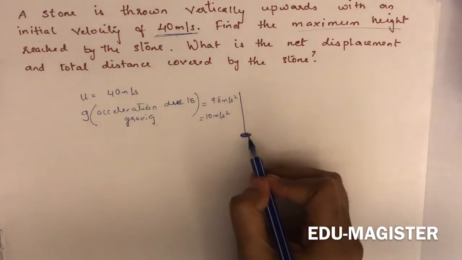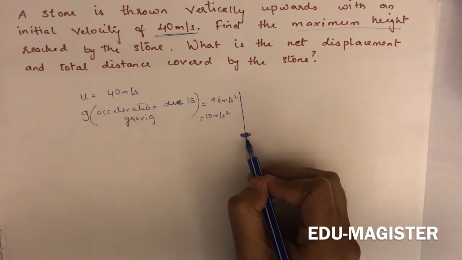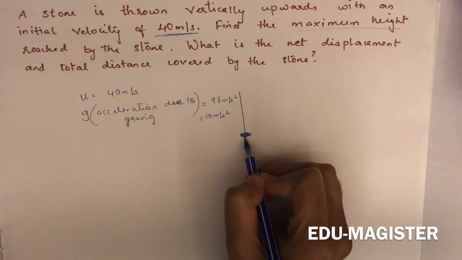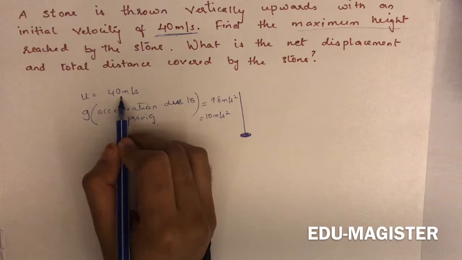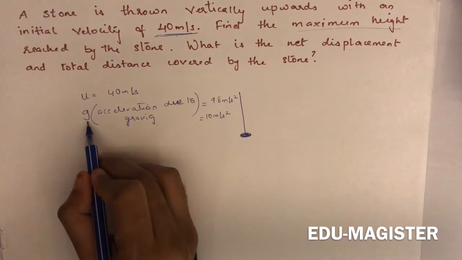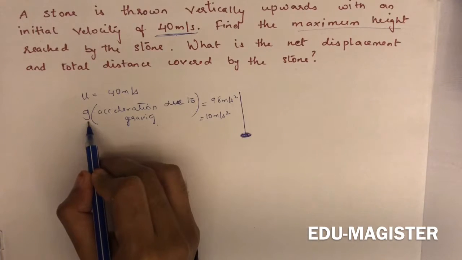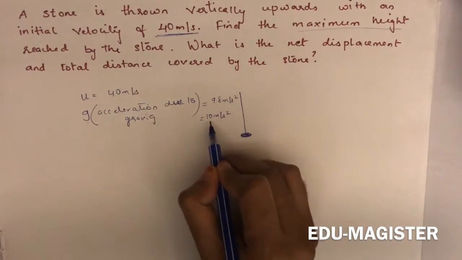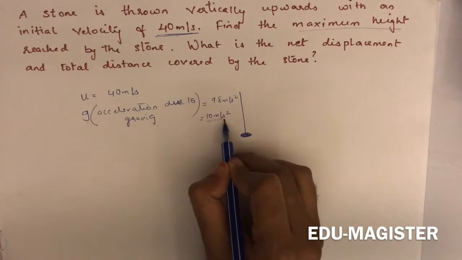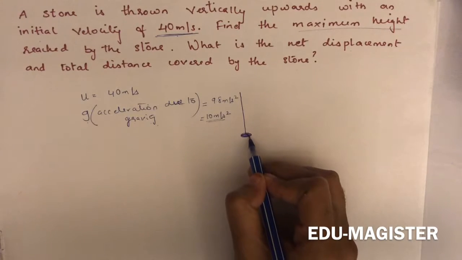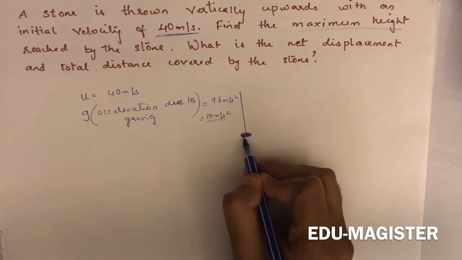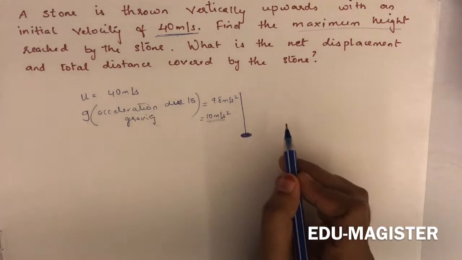Alright, so we are talking about the stone that is being vertically thrown upwards. So we have the initial velocity of the stone, and we know that the acceleration acting on the stone is g, that is acceleration due to gravity, and we are taking its value as 10 meters per second square. Now I am going to tell you an assumption that is always taken in these kinds of questions.